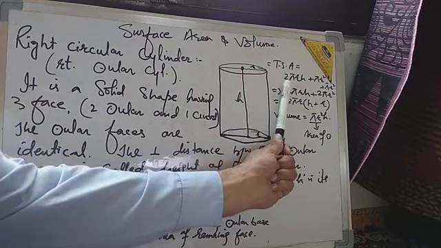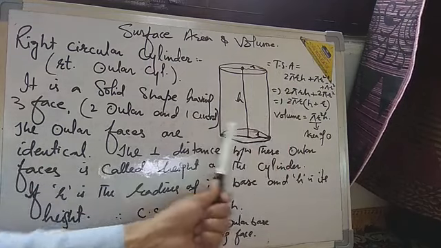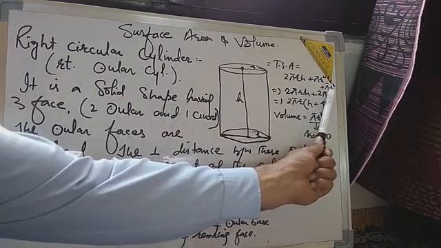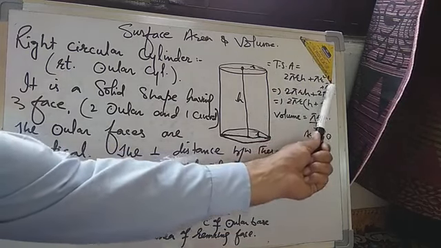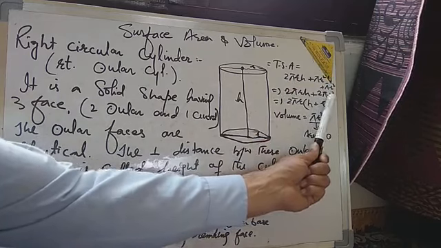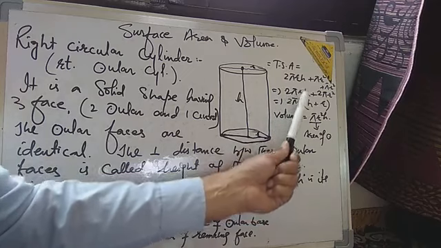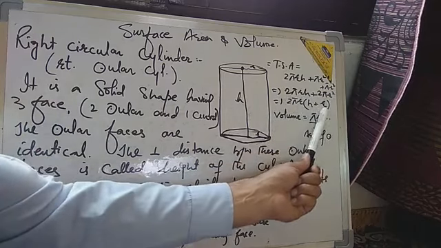If the lateral surface area is 2 pi r h, the remaining are now 2 circular faces. Their area can be obtained as pi r square plus pi r square. So 2 pi r h plus 2 pi r square. Then taking the common terms, 2 is common, pi is common, r is common. Here remains h plus, and here remains r.